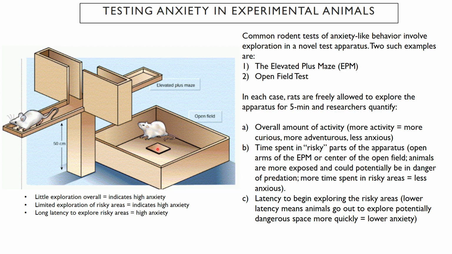You might even put, say, a novel object, which rats and mice tend to want to inspect, in the middle and measure how quickly it takes them to approach that novel object. Anxious rats and mice will ignore the novel object. They're just going to hang out in the corner, whereas a bold and less anxious mouse or rat will go right up to that novel object and spend some time with it. So these are the different kinds of tests that can be done with mice and rats to test for anxiety and fear.